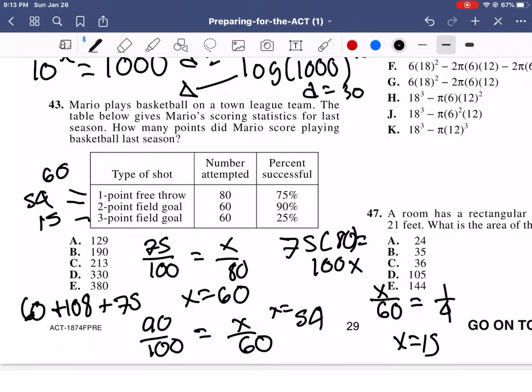What's 54 times 2? Oh, no, wait, yeah, I'm right. Plus 75. Wait, 15 times 3 isn't 75. It's 45.